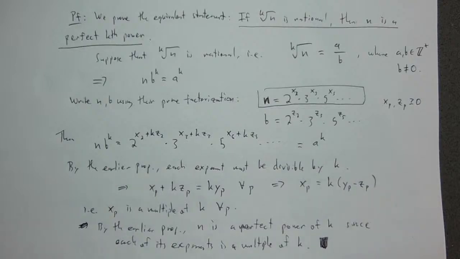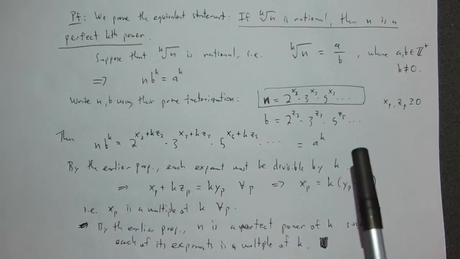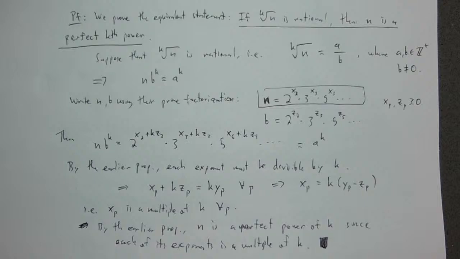So every single exponent has to be a multiple of k. And so that just spits it out immediately, again, using that proposition. Because this is an if and only if statement, you're going in one direction here and the backwards direction there, right? So an integer is a kth power if and only if every exponent in its prime factorization is a multiple of k.